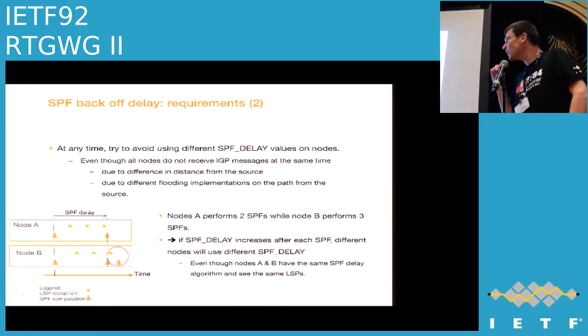So even with the base case, a mono-vendor implementation, all the same code, you can have node A, which believes it needs to do 2 SPFs, and node B believes it needs to run 3 SPFs. This is because it has received the third IGP event just after its second SPF, so it has to do a new one.